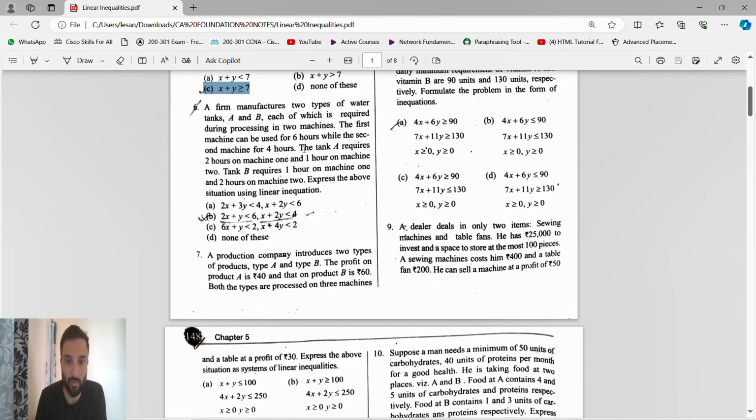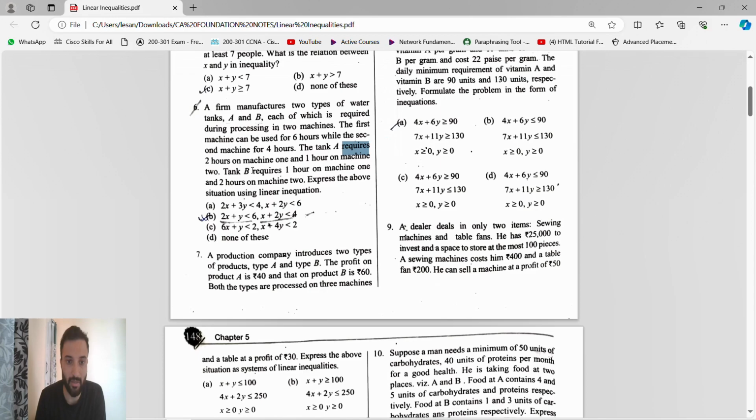Next is this. So a tank requires... Okay, again the word is requires. Requires means less than. So lesser than, lesser than, lesser than, all are lesser than. So what do we have to do? We have to see the values.